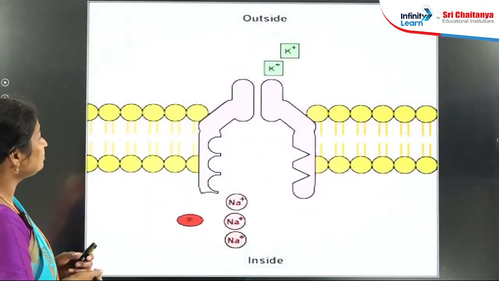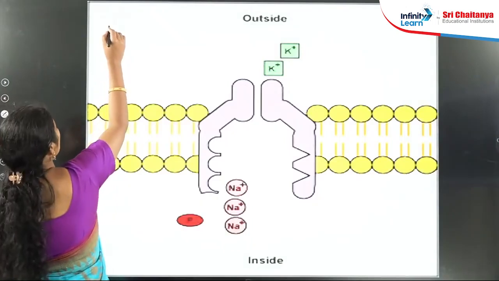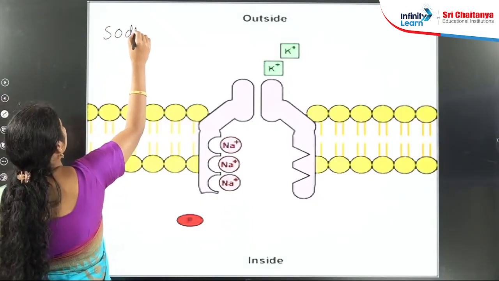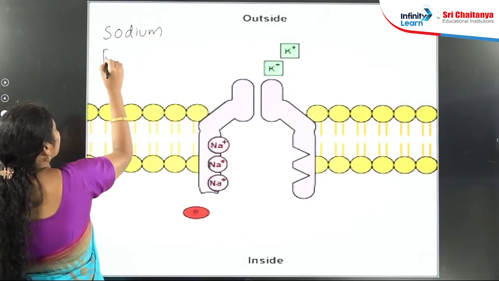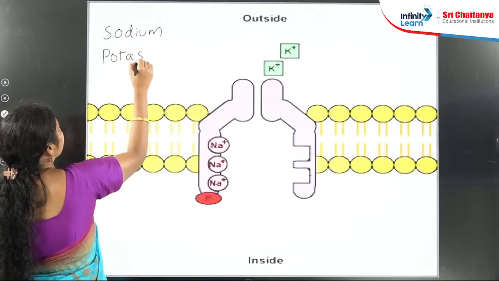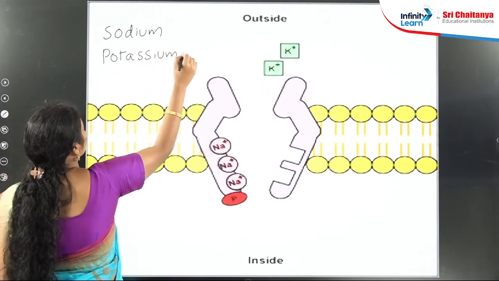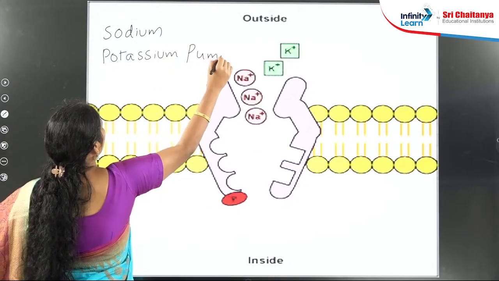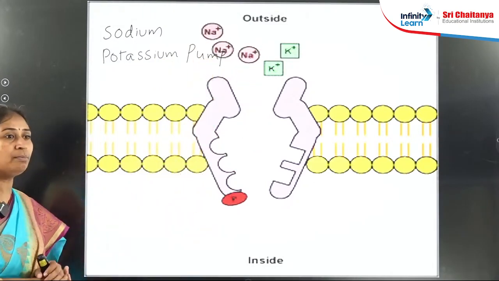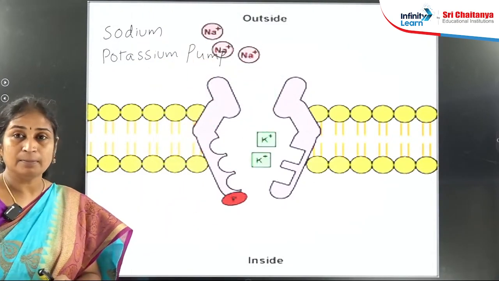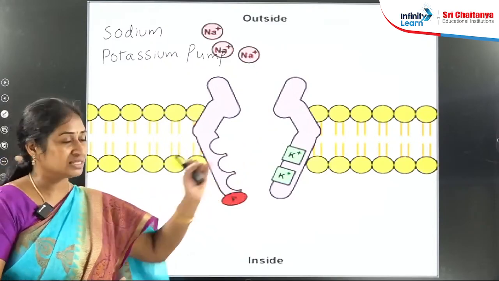And the next one is known as the sodium potassium pump, the third type. This pump is also present on the same plasma membrane.